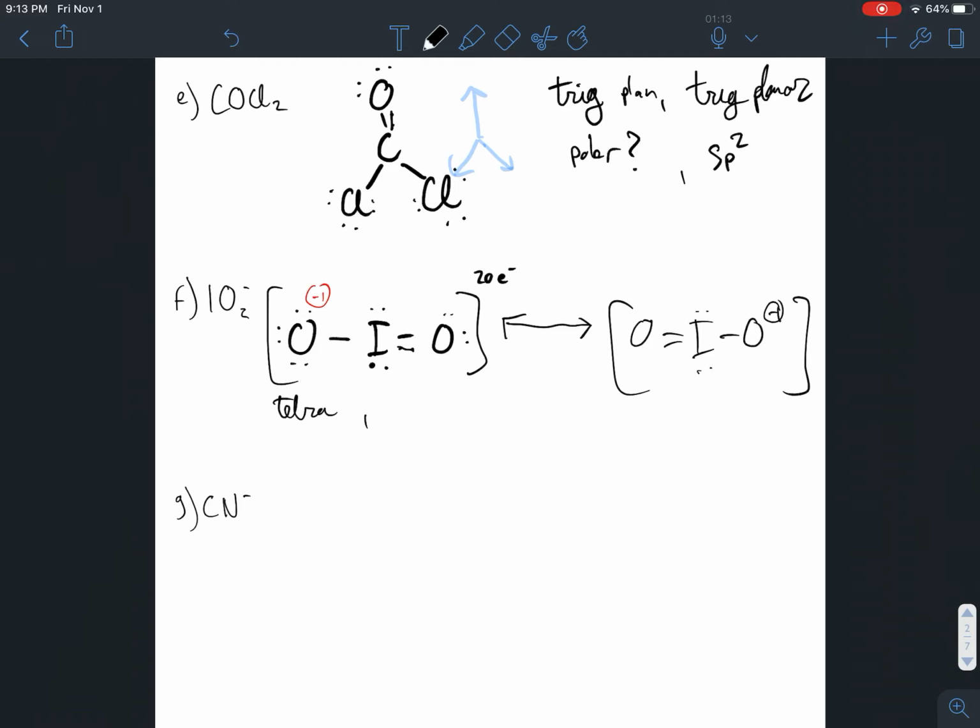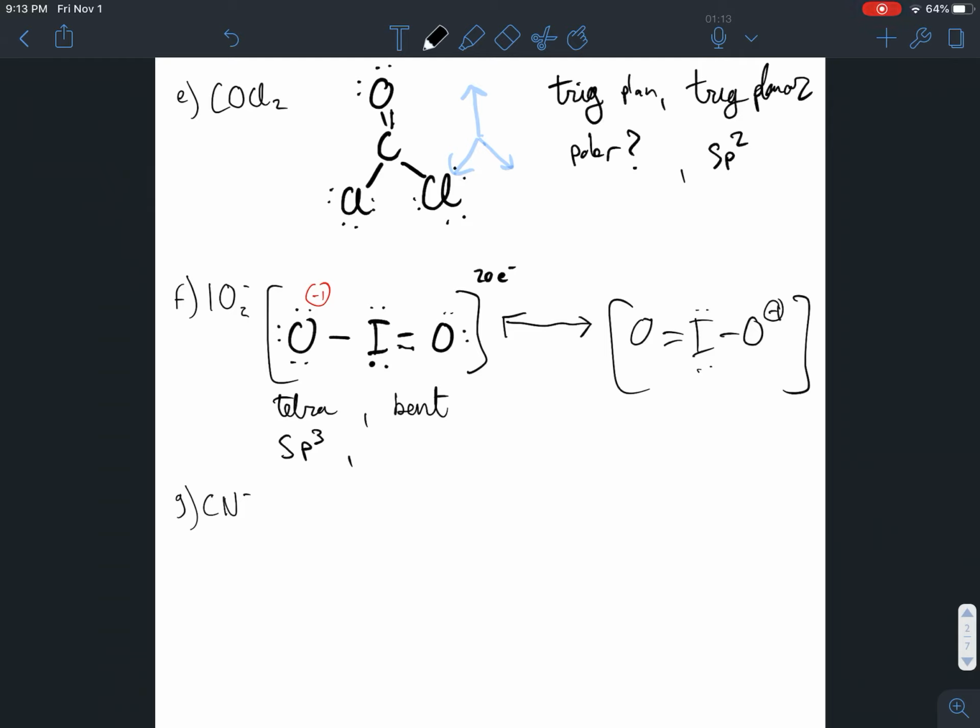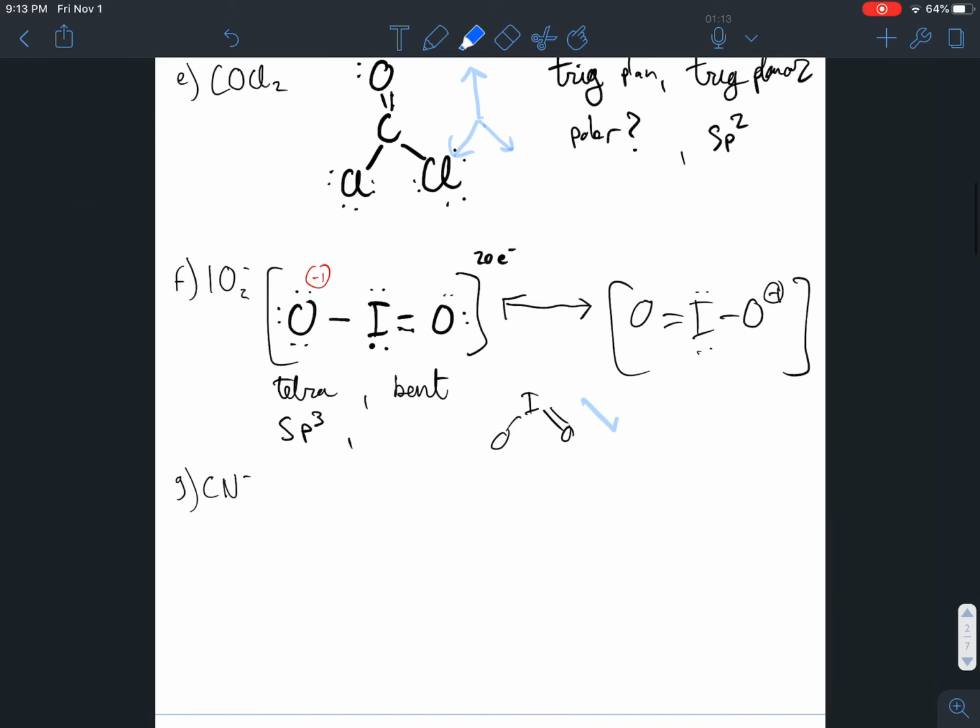The molecular shape, however, is bent. It looks like water. And the hybridization on the central atom is, of course, sp3. And the polarity, because it looks like this, it has a net dipole. It is polar.